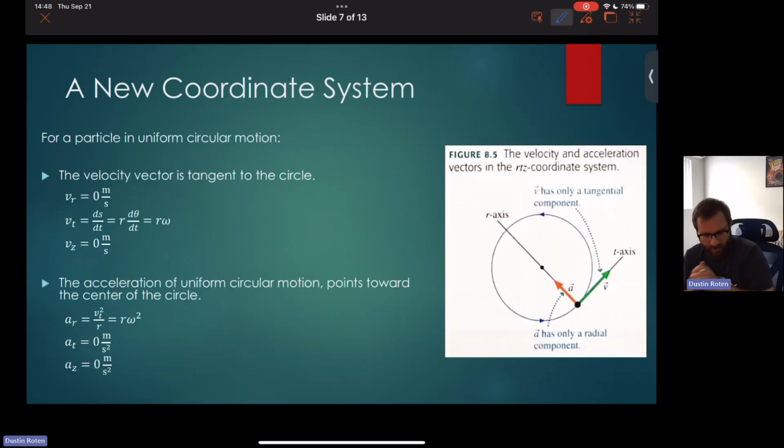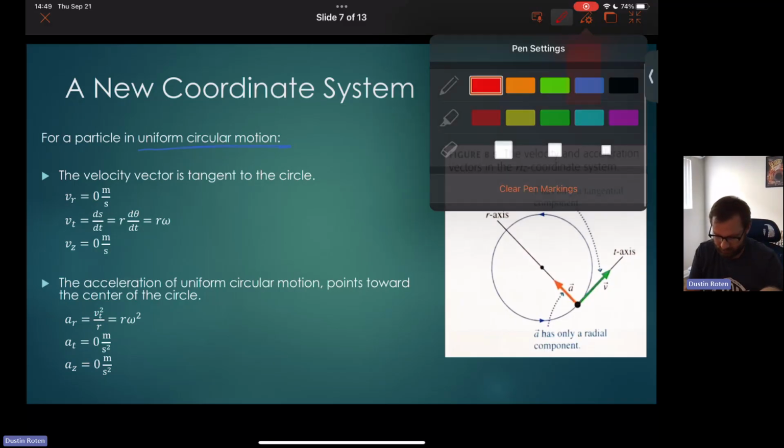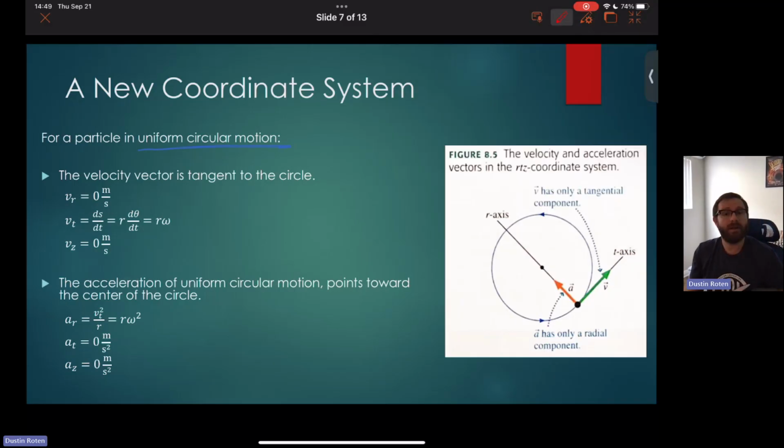All right. So the velocity vector in circular motion is tangent. Oh, I should note this is for uniform circular motion. So the particle is not speeding up, not slowing down. Same speed around the circle. That's not changing. Okay, so in this situation, the velocity vector is tangent. You can see that over here.